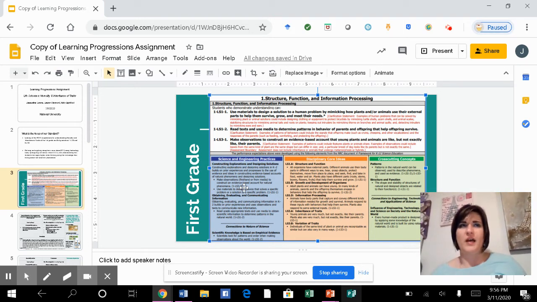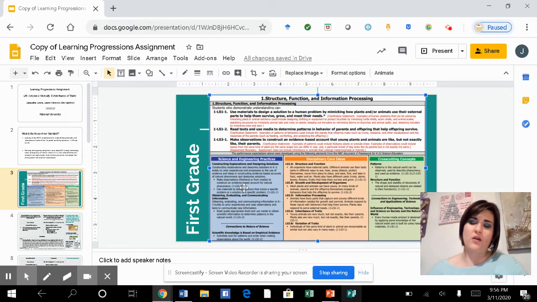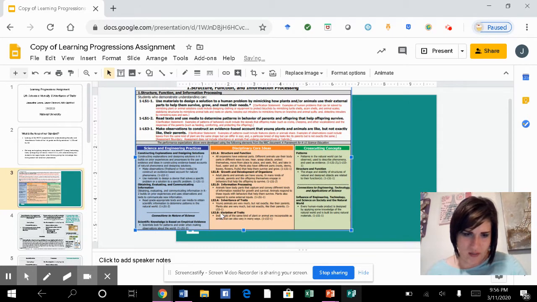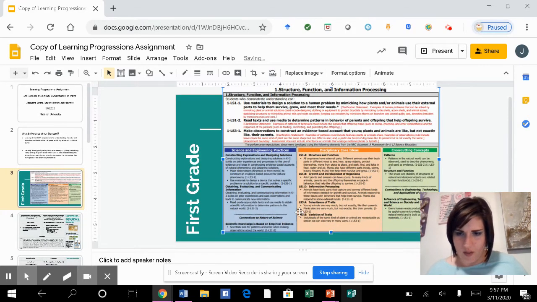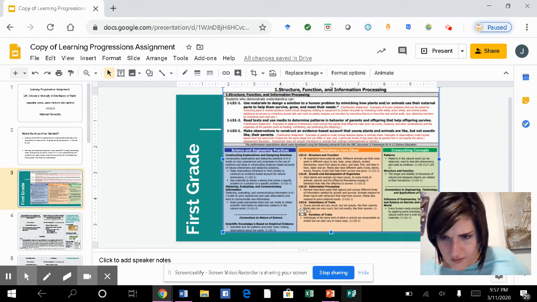So again, looking at how things happen and how we can explain how traits are passed down from a parent to a child and why. And we're also obtaining, evaluating, and communicating specific information. We're also looking at specific cross-cutting concepts such as patterns and structure and function.